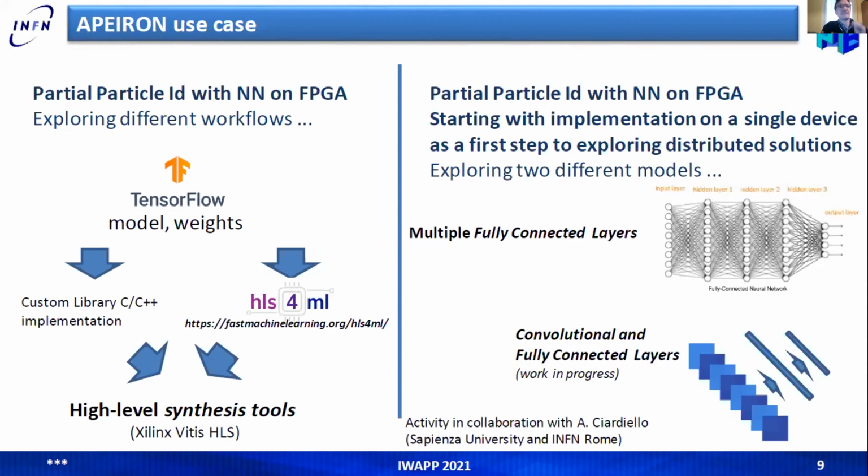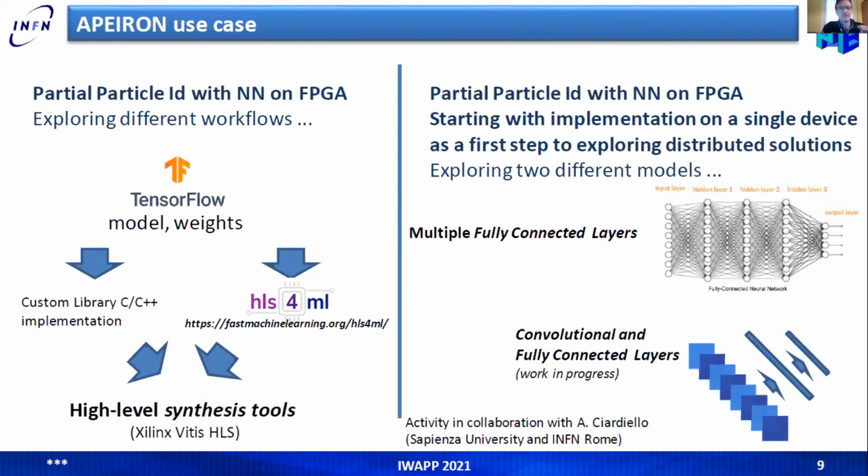The idea is that this is a test to understand how to implement and control exactly the network on the FPGA at the finest level possible, so to tune also the initiation interval and the latency. So we want to put our hands in the code.